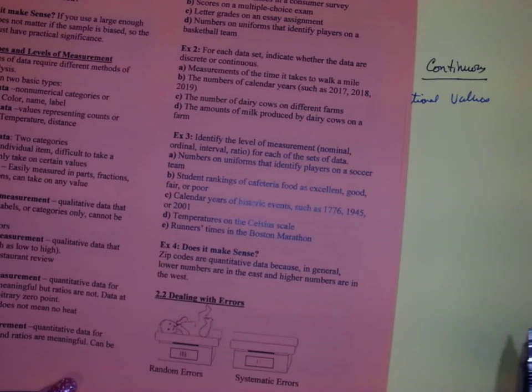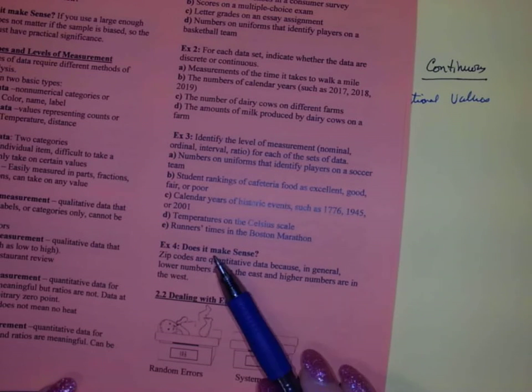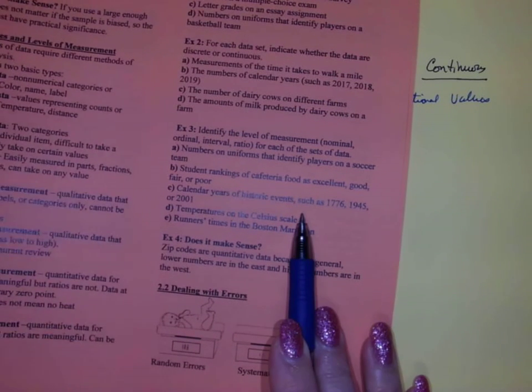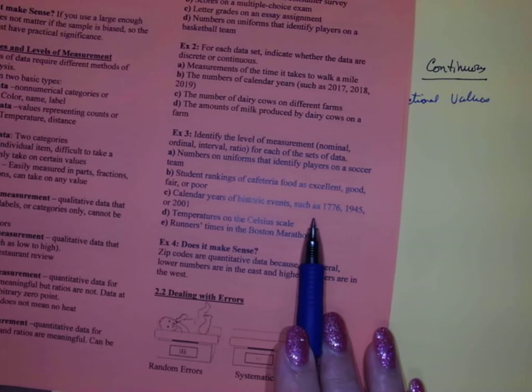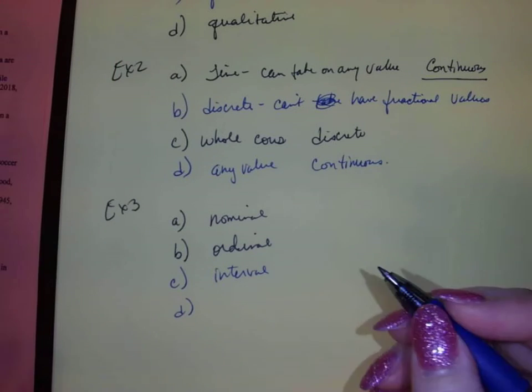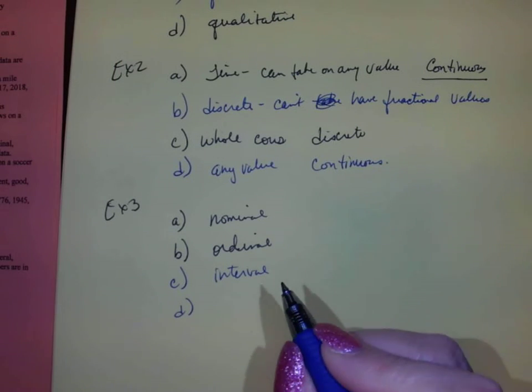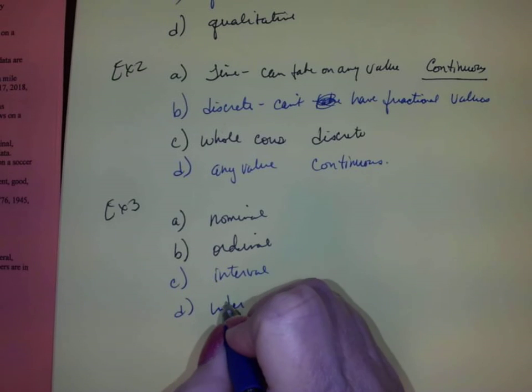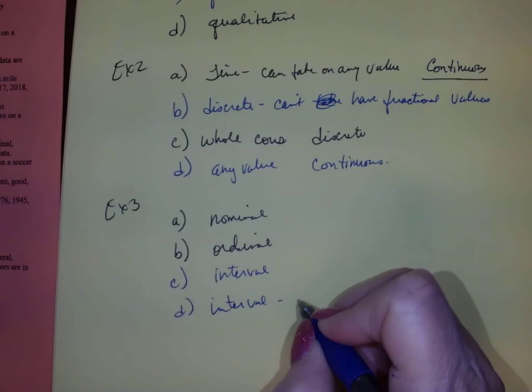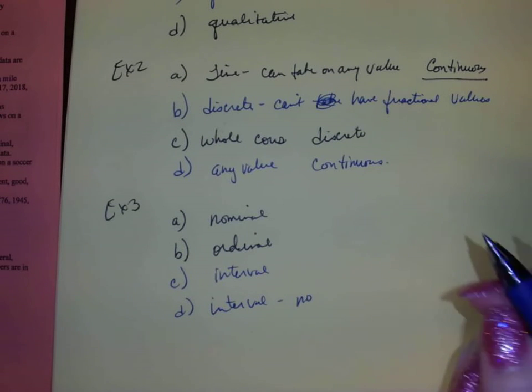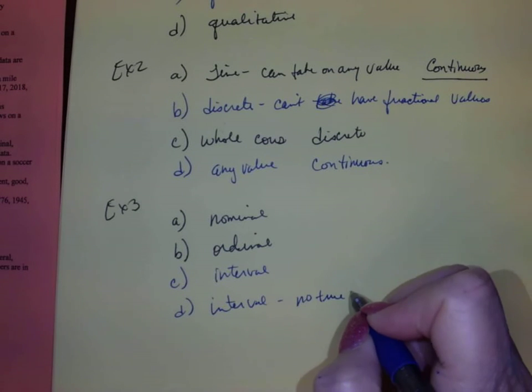It's an arbitrary thing. It doesn't mean no heat. 0 on a Fahrenheit scale doesn't mean no heat either. So this is going to be interval. There's no true zero. Okay? It is arbitrary, which means it's just kind of like a random thing.